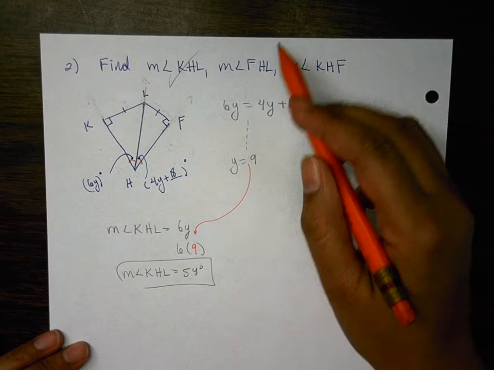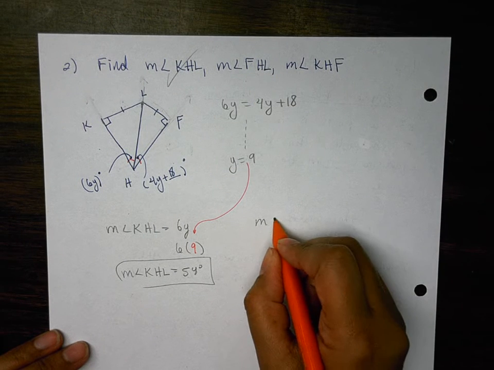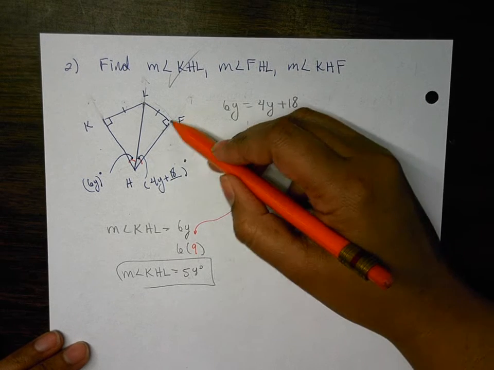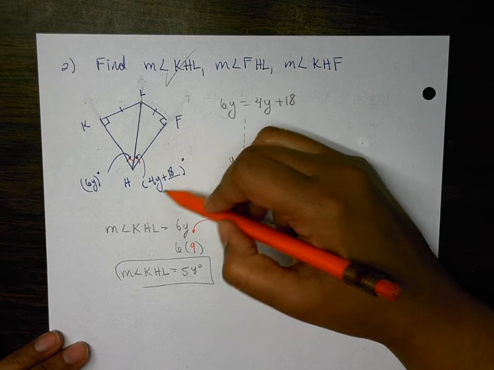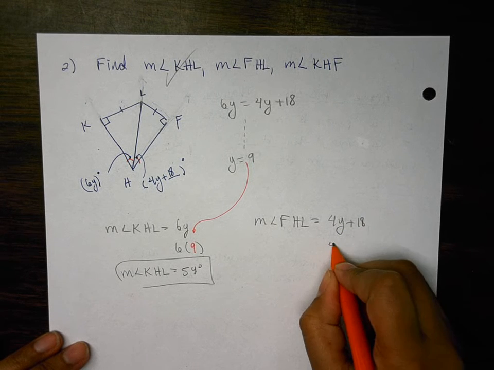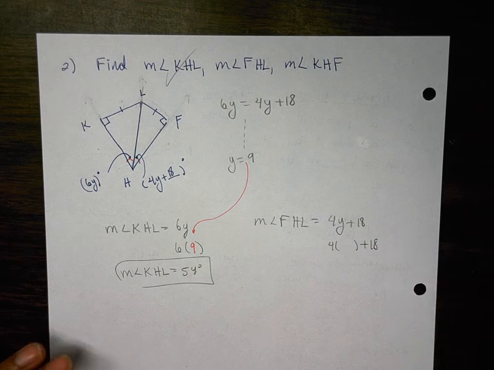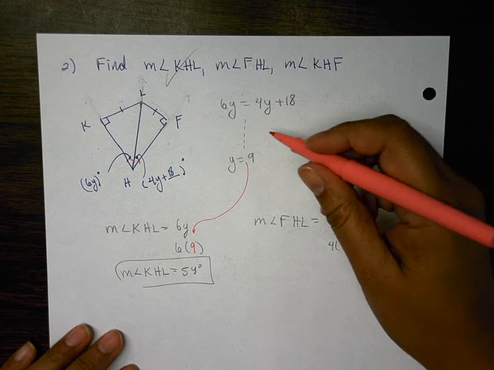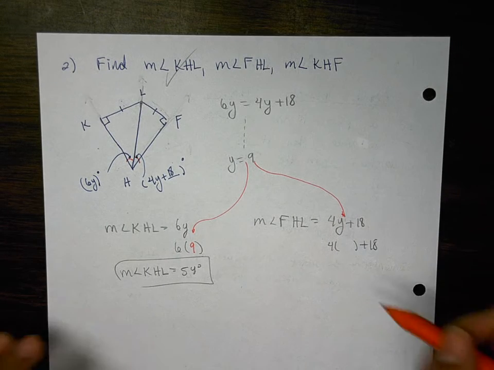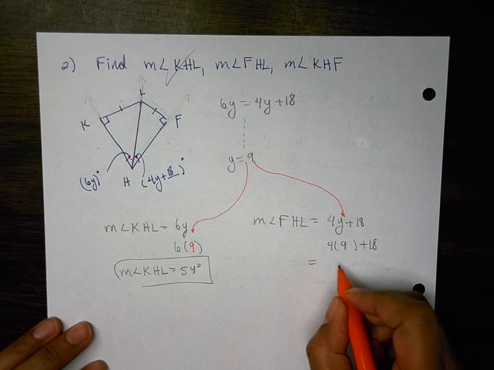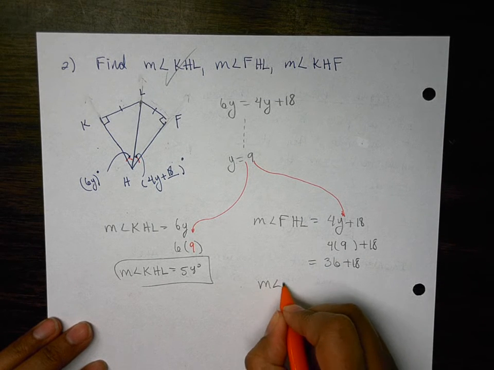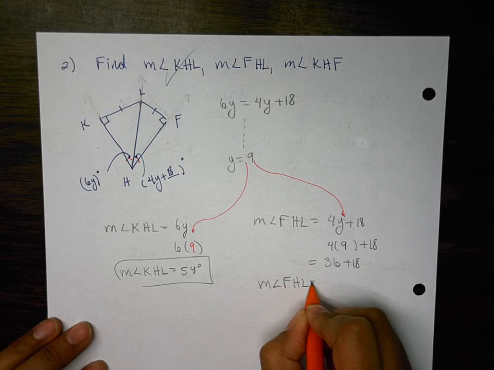What's the next one? FHL. What expression is in angle FHL? 4y plus 18? Yes or no? And what do I plug in for y? And what's 4 times 9? 36 plus 18. What's the measure of angle FHL equal?